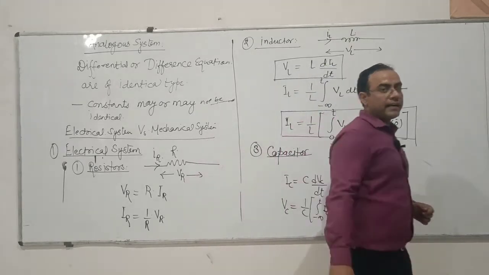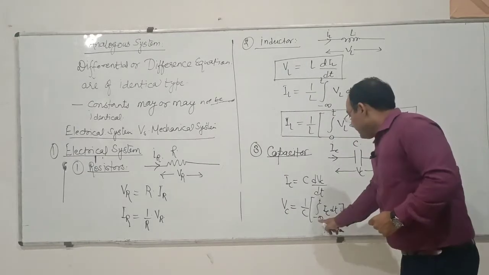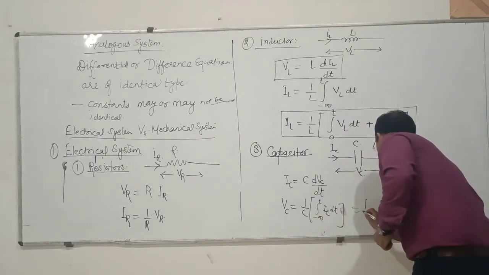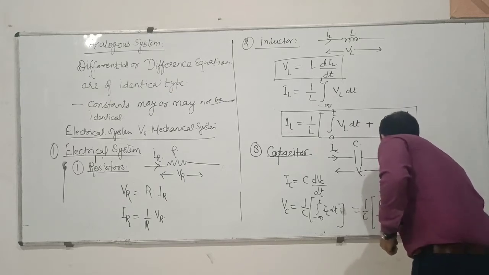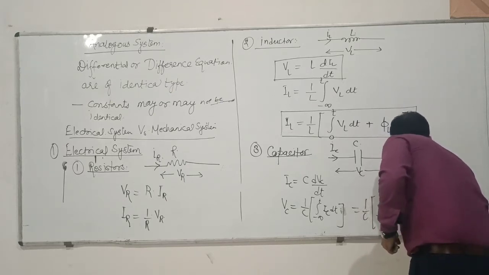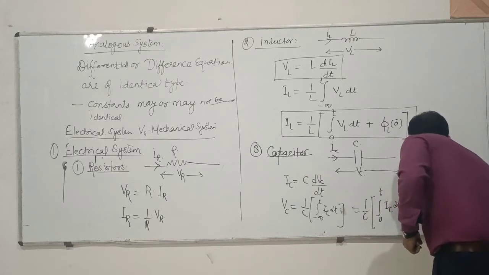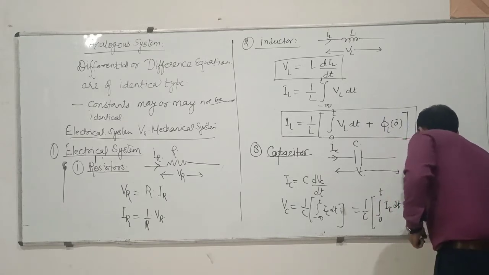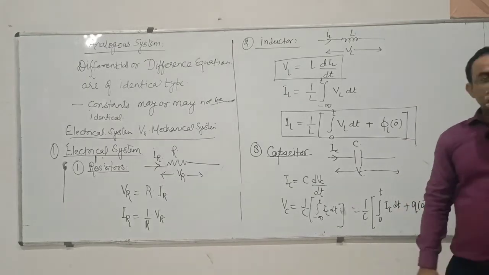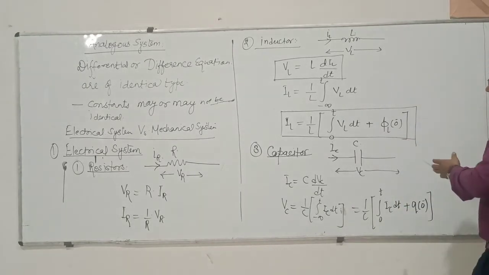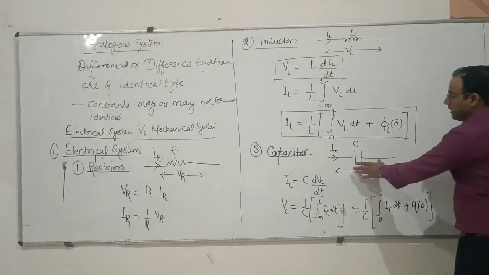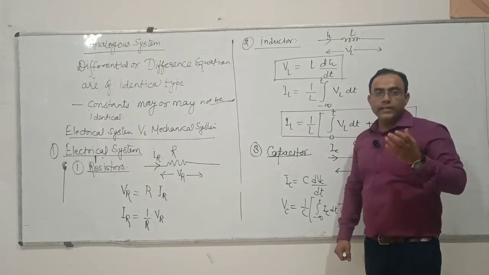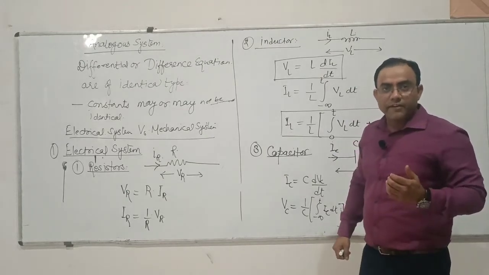Or we can take the integration from 0 to t of IC dt plus Q0 minus, because in a capacitor the energy is stored in the form of charge, as a capacitor stores energy in the electrostatic field.